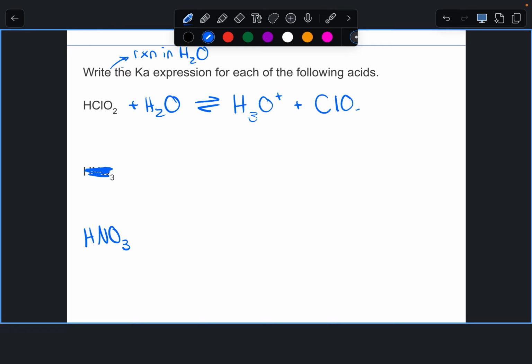So if you're not remembering this, look at the first one that I'm writing up here and then try to do it on your own for the second one.